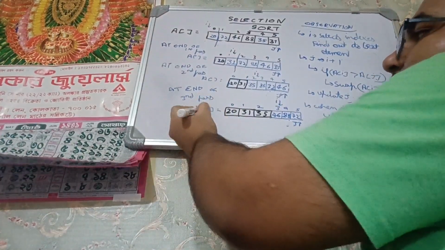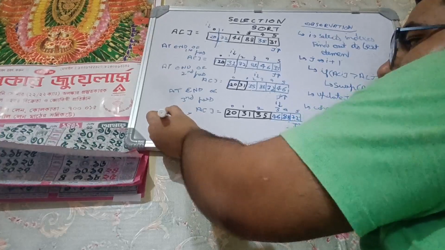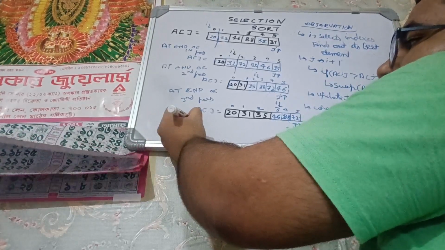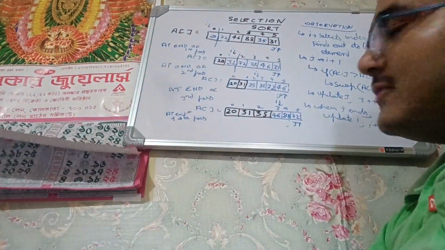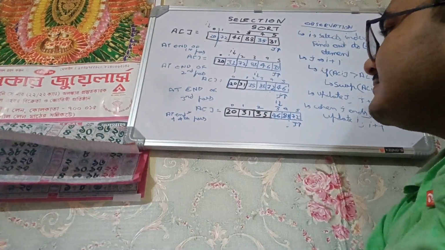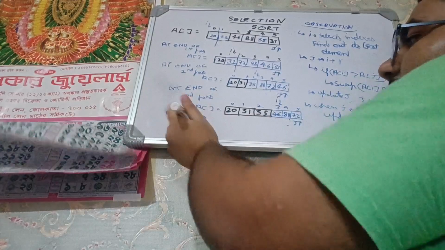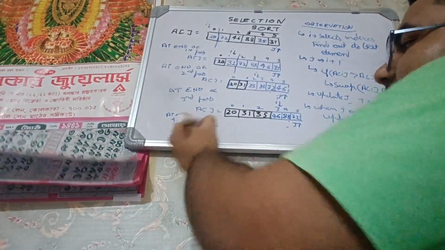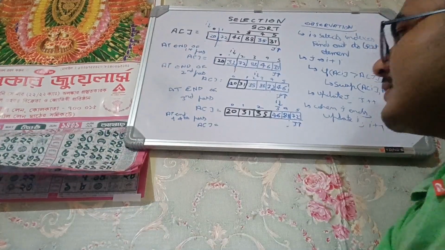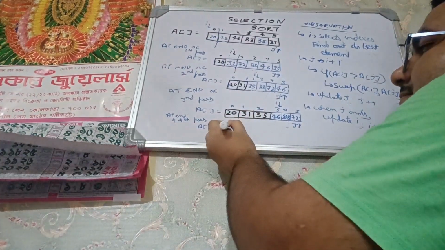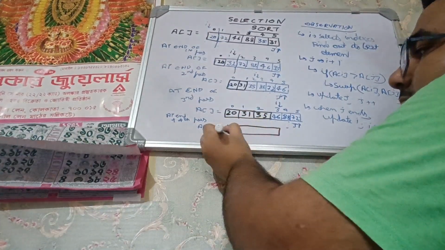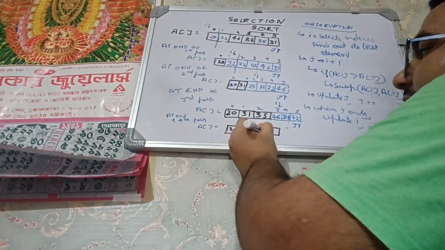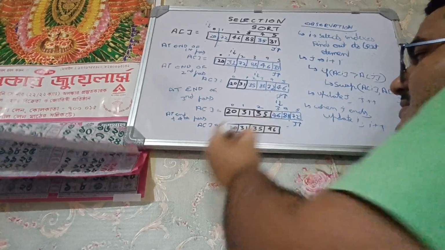Okay, so this is at the end of fourth pass. Fine, at the end of fourth pass, A is 20, 31, 35, 46.